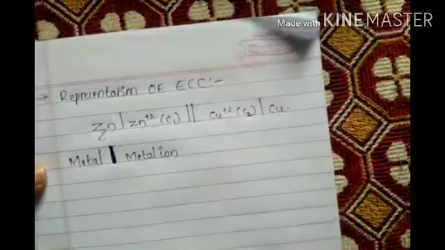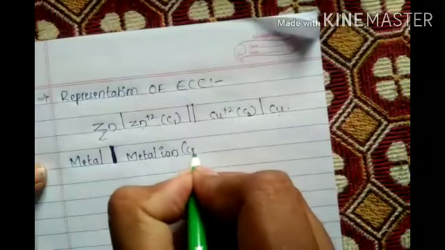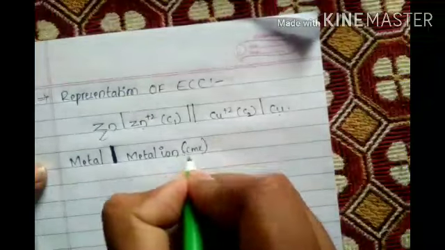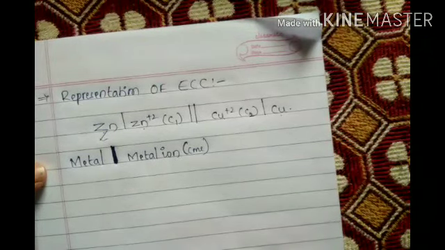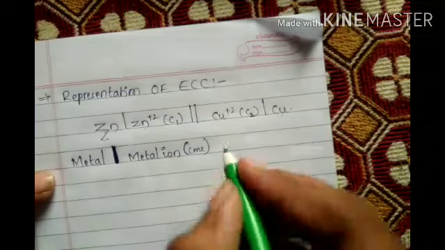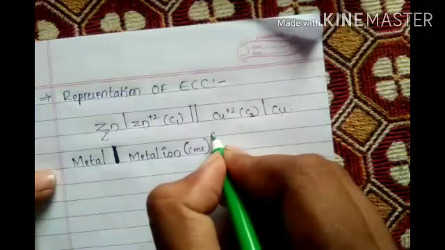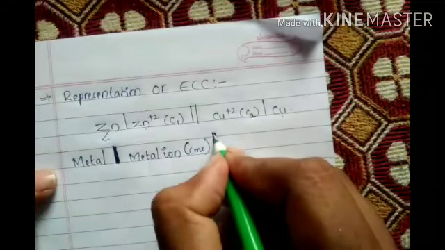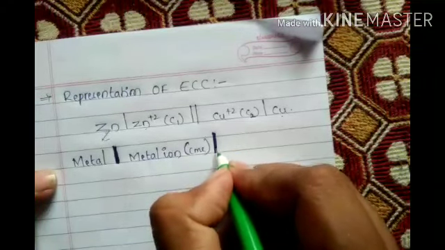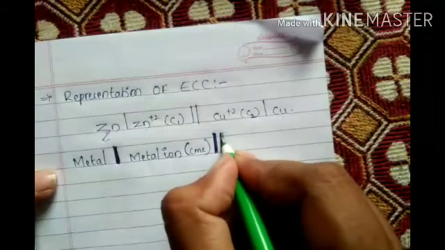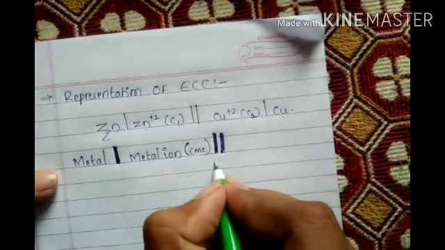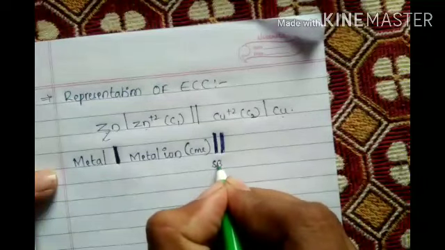Metal ion with concentration in the bracket. What concentration? 0.15 mole, like this, any 1 mole concentration. Now the salt bridge with two lines, both are the same. It is SB, salt bridge.